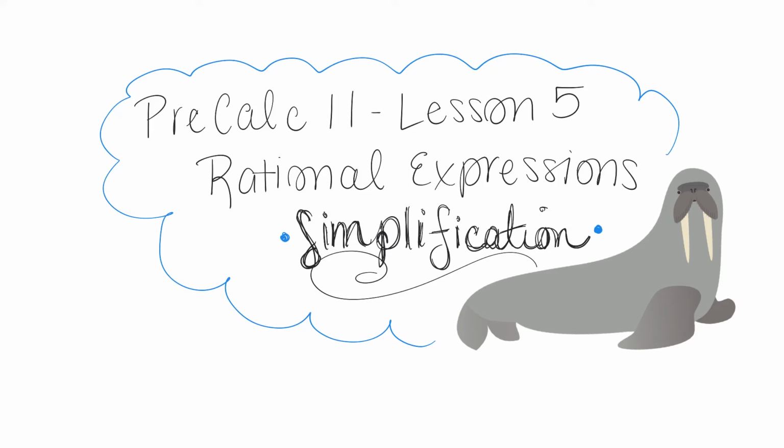Hey guys, we are going to start a new unit today, and it is called Rational Expressions. And the word expression means that there is no equal sign. So basically, we're going to be looking at the biggest fractions on the whole planet, and our goal is just to simplify them. We want to simplify everything.